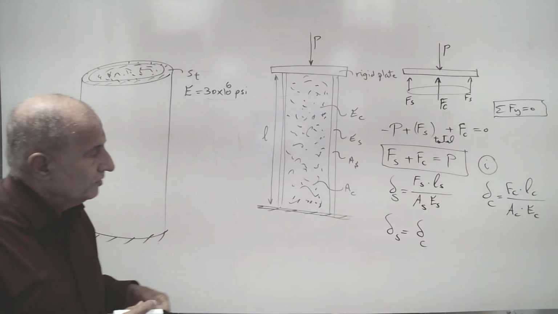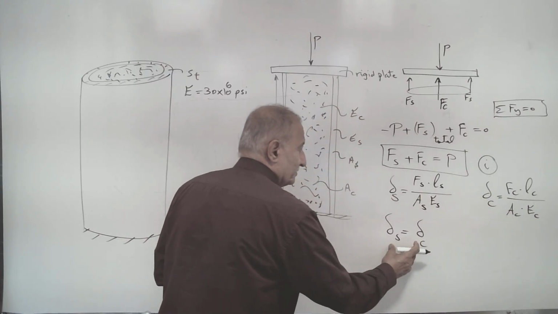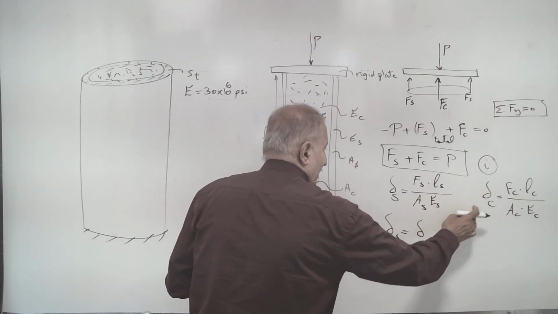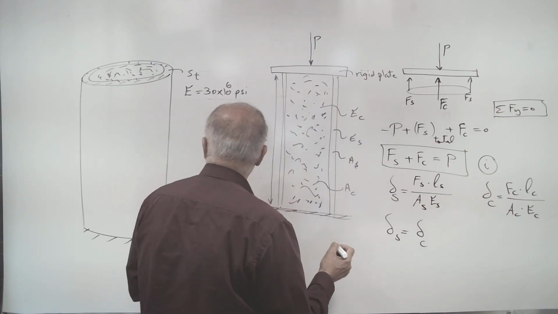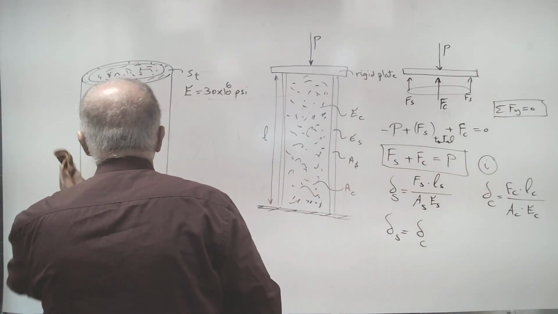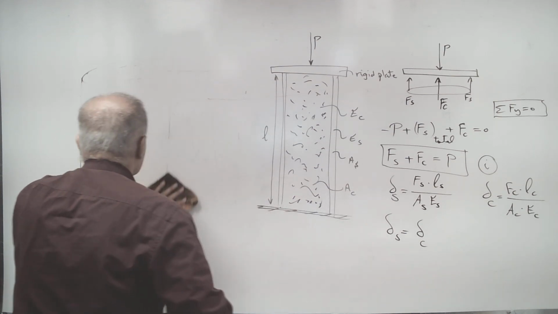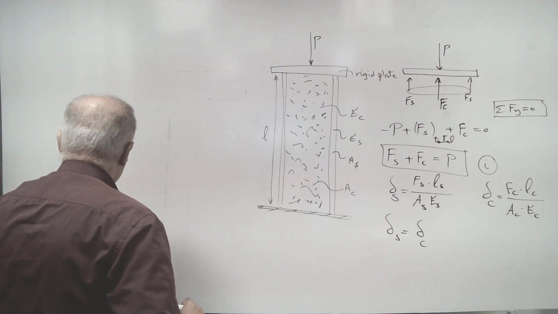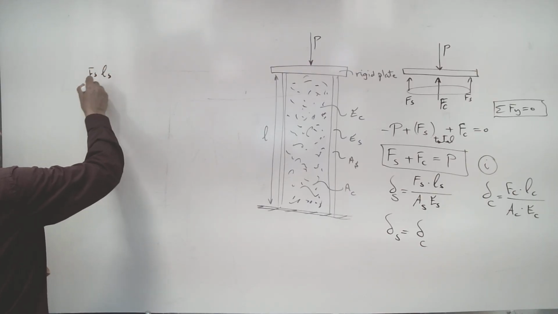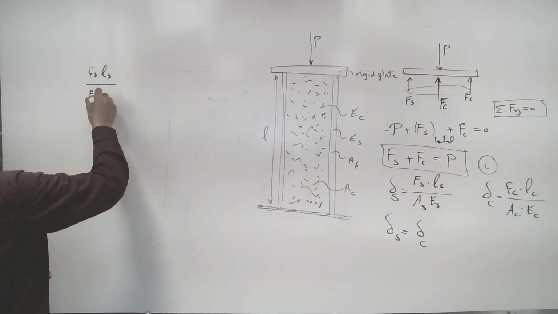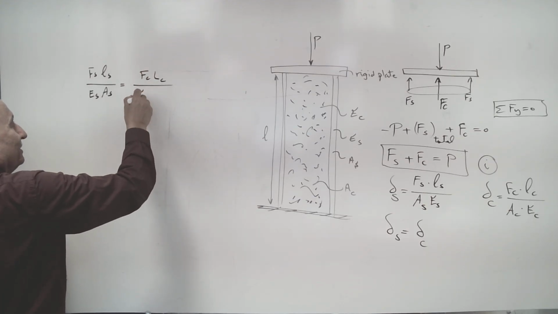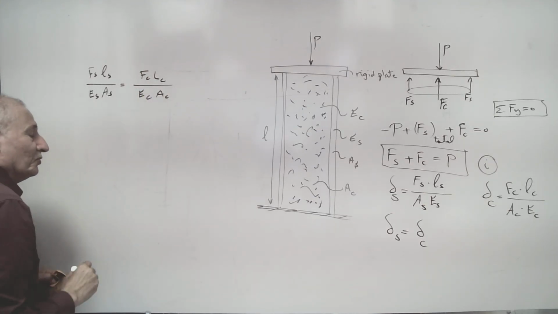Then we use these equations, geometric compatibility, so these two values are equal, meaning F steel L steel over E steel A steel equals F_C L_C over E_C A_C.